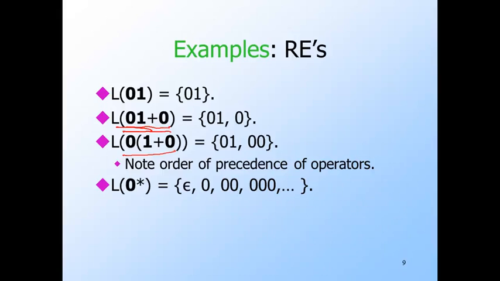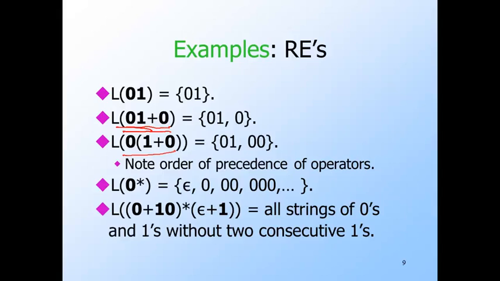The language of 0 star is the star of the language containing only the string 0. This is all strings of zeros, including the empty string. Here's a little more complicated example. It denotes the language that we've been playing with when we talked about automata, that is, all strings of zeros and ones without two consecutive ones.